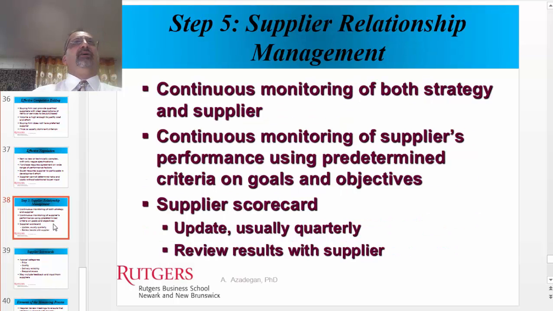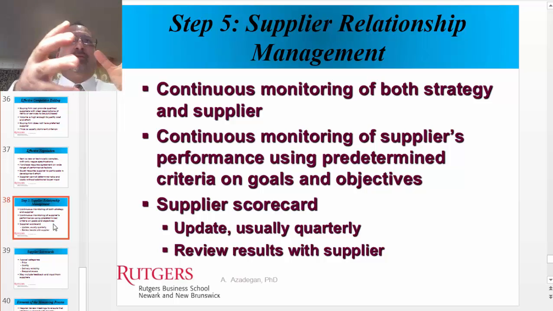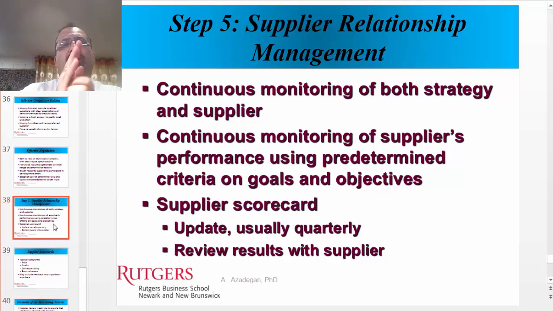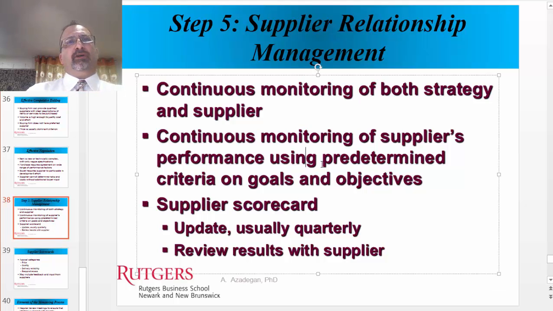Step 5 in the process, if you remember, was supplier relationship management, often known as SRM. Supplier relationship management is basically monitoring one's own strategy and the supplier's performance. The continuous monitoring allows us to know what the supplier's performance is in comparison or in contrast to the determined criteria that we have.